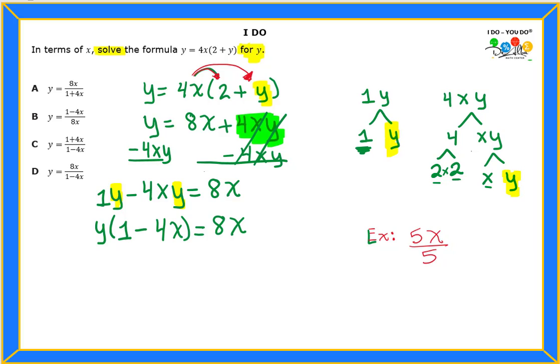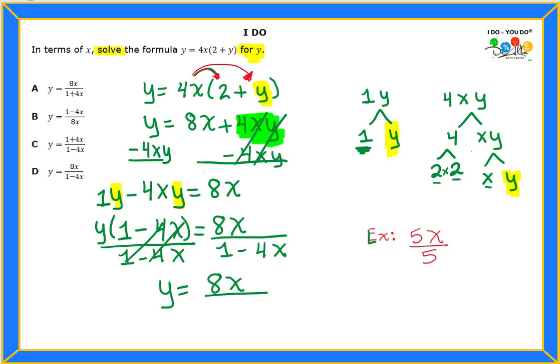So that's exactly what we gotta do here. Since the y is multiplied by everything inside the parentheses, I am gonna need to divide by everything that is inside the parentheses. There's two terms, so I do need to divide on the right by both of my terms. Okay? So the 1 minus 4x cancels out, and now I can say that the y is by itself. And this is my answer, right?